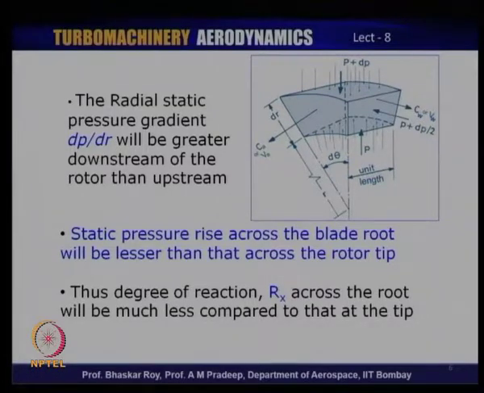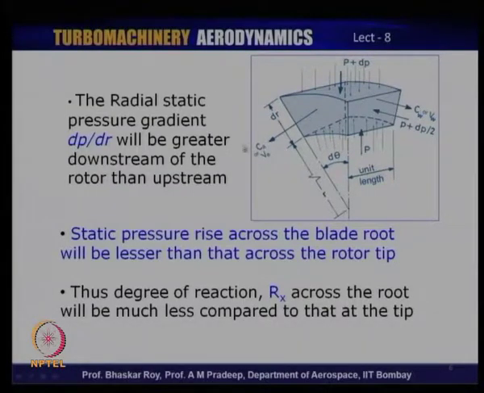And now we see that somewhere in the blade CW is higher, somewhere CW is lower, which means wherever CW is higher, it stands to reason that the corresponding change of pressure would also be higher.